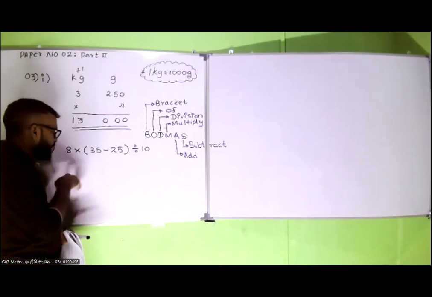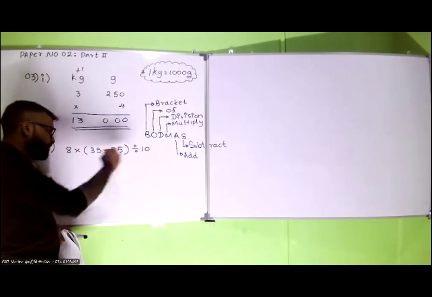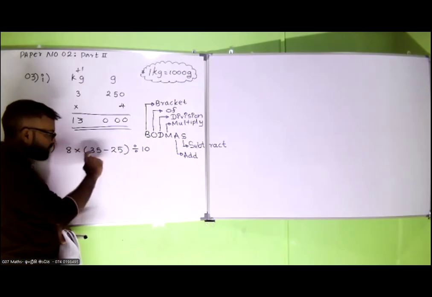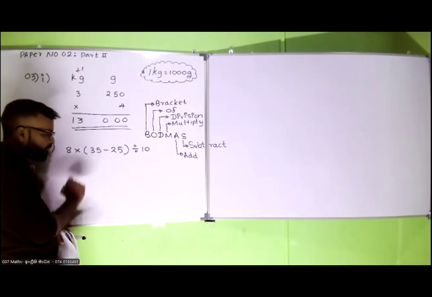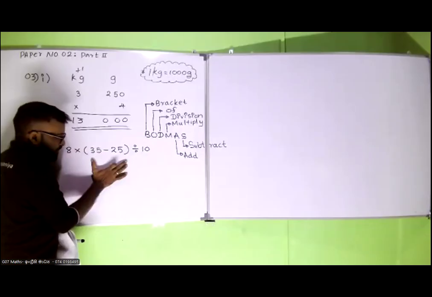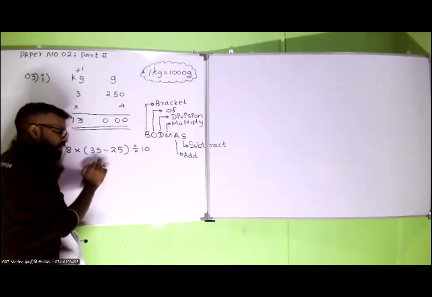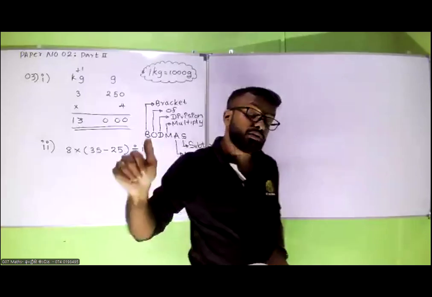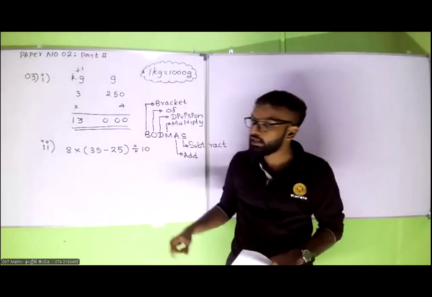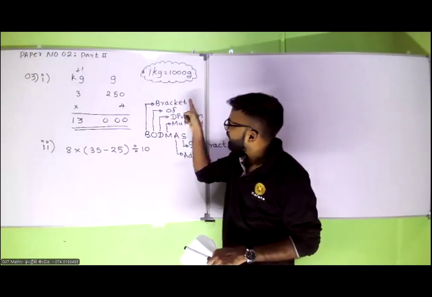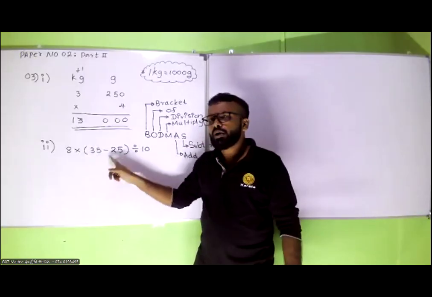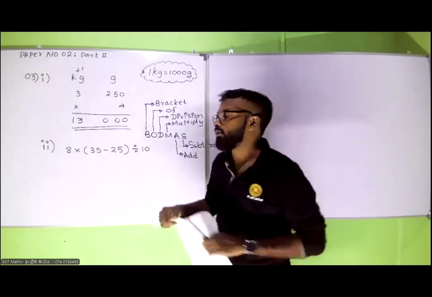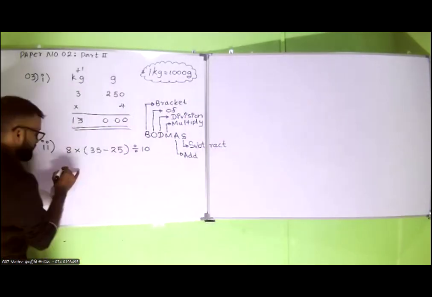Are there any brackets in this expression? Yes, here we have a bracket. Inside this bracket, we have to first simplify the bracket. 35 minus 25 is 10. So I have to simplify that first.